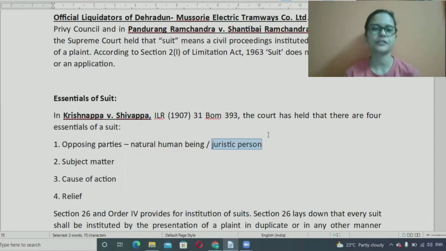So artificial person basically means artificial or juristic person. That means only in the eyes of law, they are considered as a person, not otherwise. Why? Because it makes the entire thing convenient. Take for example, there is a college, a newspaper publishing agency, some company, organization.